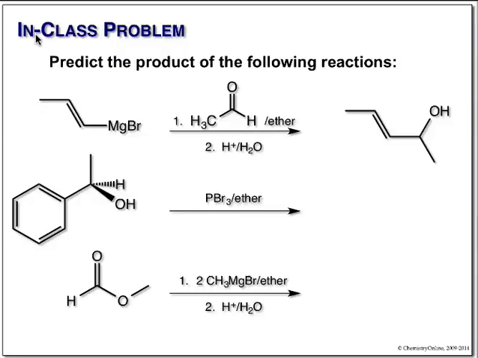PBr3, all PBr3 is going to do is convert an alcohol to an alkyl bromide. We remember that this is an SN2 process, and because of that, we will get inversion of configuration.